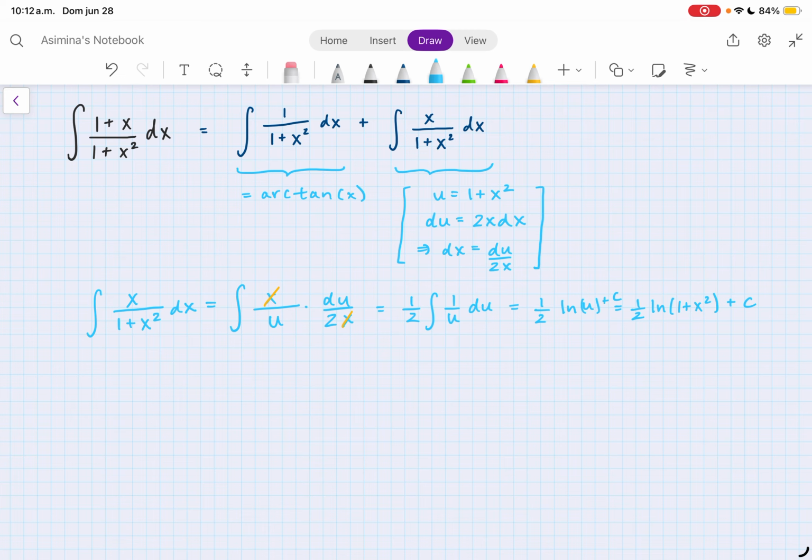Okay, great. So now we can put everything together. So going back to our original integral of (1 plus x) over (1 plus x squared) dx, we had that this first integral is arctan of x.